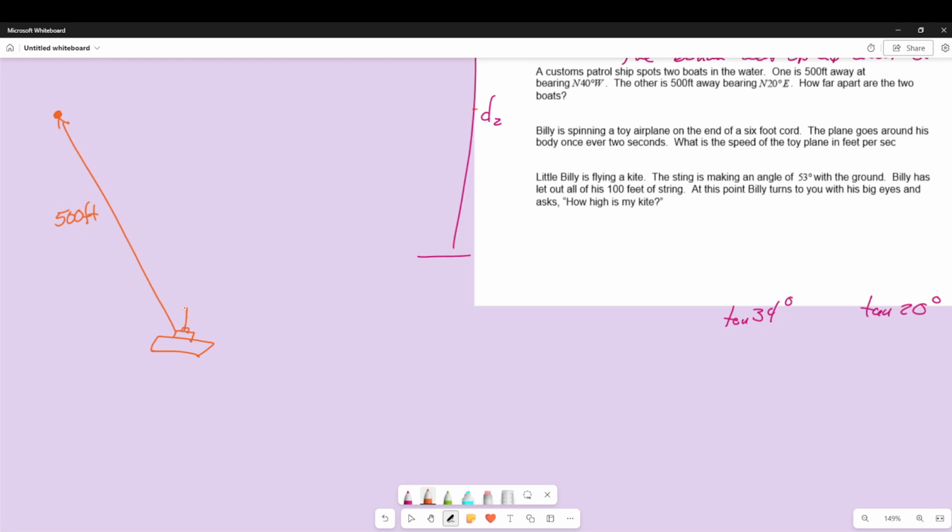So facing north, it's going to be turning 40 degrees towards the west. So that angle's 40 degrees. And the other is also 500 feet away, but it is bearing north 20 degrees east. So north 20 degrees east, face north, turn 20 degrees towards the east.